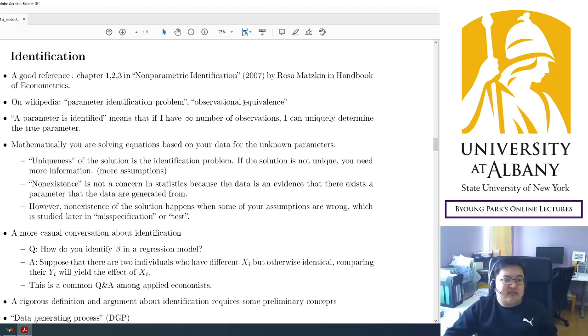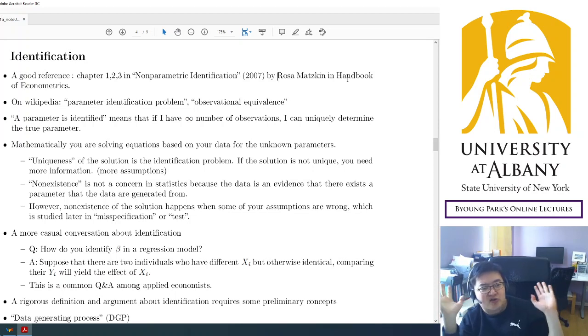And there is a nice survey paper by Rosa Matzkin in the Handbook of Econometrics. Published papers usually present new results. When you develop new results using new data or new assumptions or new models, it will be published in a journal. That's called a paper. A survey paper is more about review.